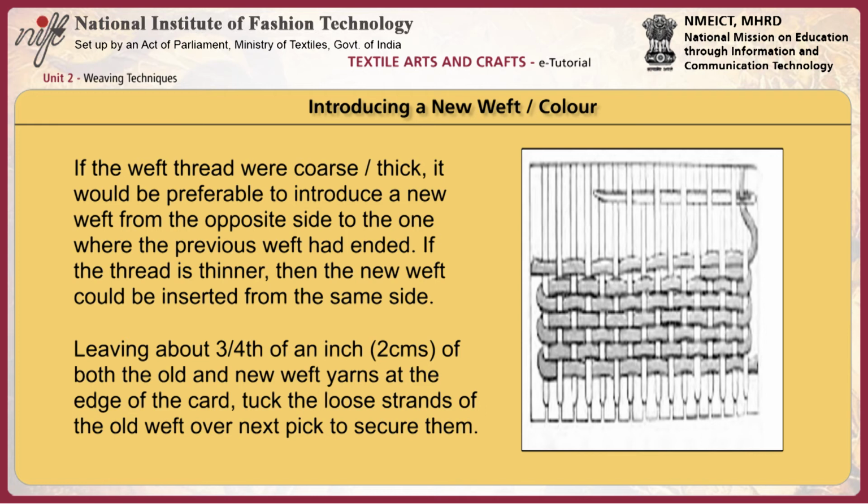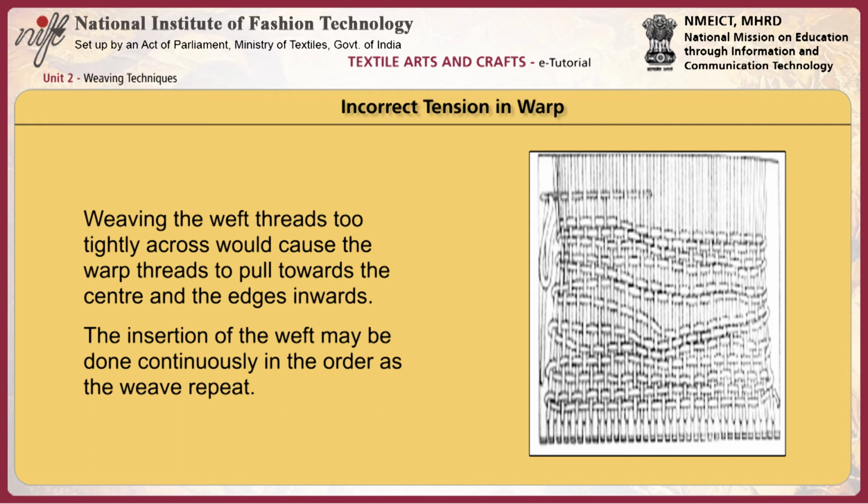Leaving about 3/4 of an inch of both the old and new weft yarns at the edge of the card, tuck loose strands of the old weft over the next pick to secure them. Weaving the weft threads too tightly across would cause the warp threads to pull toward the center and the edges inwards. The insertion of the weft may be done continuously in order as the weave repeats.